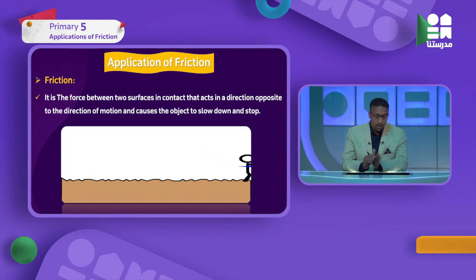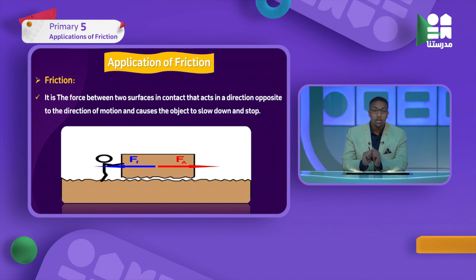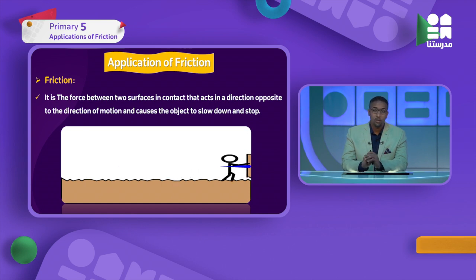So if we have an image like this, we have here a person trying to push a box on the floor.